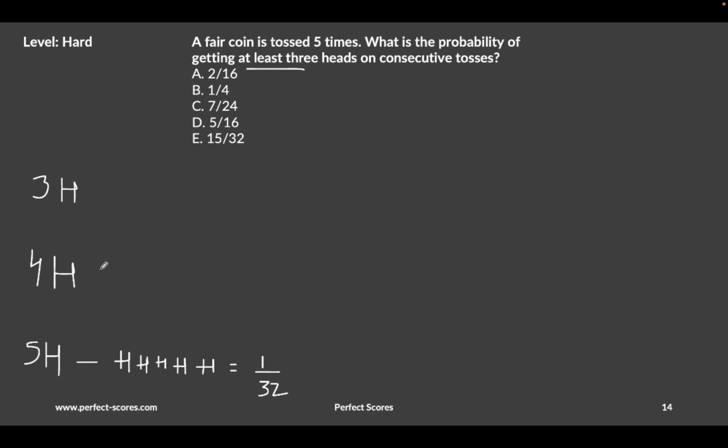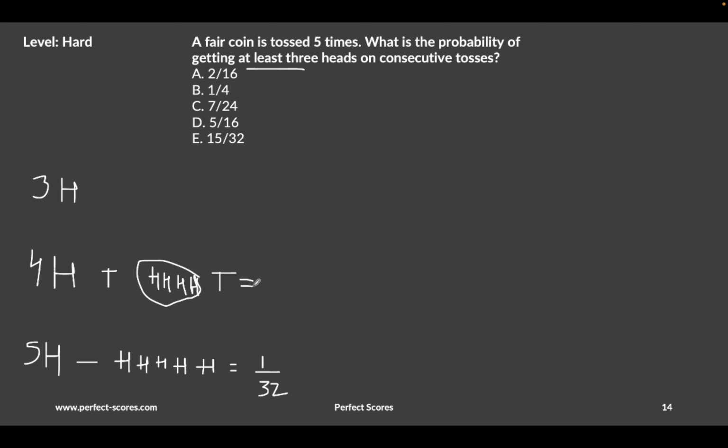Let's talk about 4 heads. So if you got 4 heads and they have to come together, right? So if you list down 4 heads here, 1, 2, 3, 4, and tie them with a string, where can a tail come? It can either come here, or it can come here. So you got 2 different possibilities.